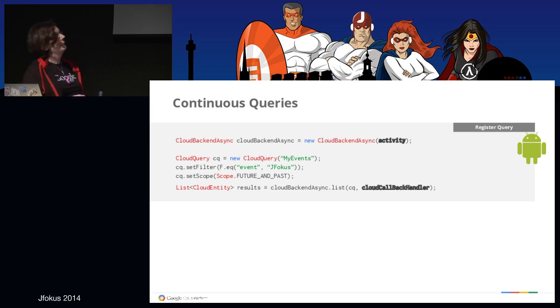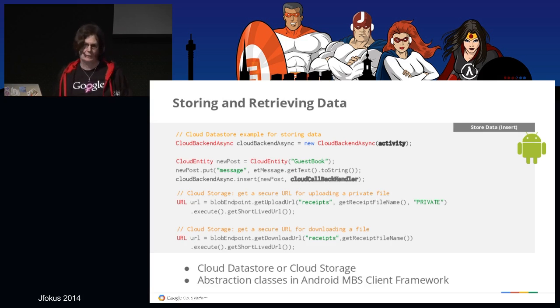Then we call cloud backend async.list, passing in our query and our callback handler. The callback handler will be responsible for managing any new updates that come along. But because we also registered for past events, we may get back a response that contains a result set of those past matches, and that would be a list of cloud entities.